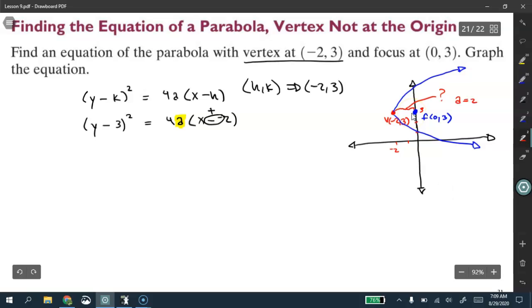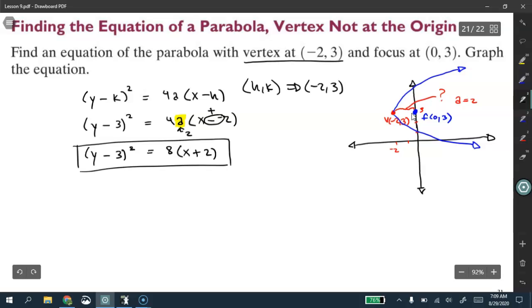All right, and so we can come back to our formula and update it and finish this process. (y minus 3) squared is equal to 4 multiplied by 2, which is 8, right? Again, a is 2, so this becomes 8 times (x plus 2), and you don't need to do anything else with that equation. You can go ahead and pause there.